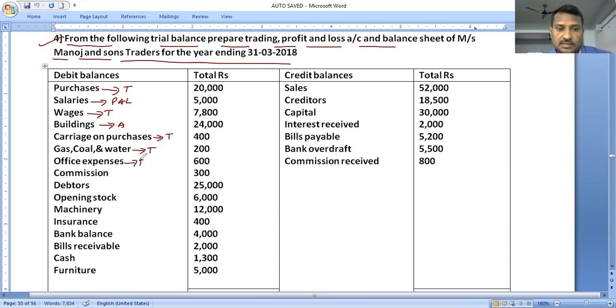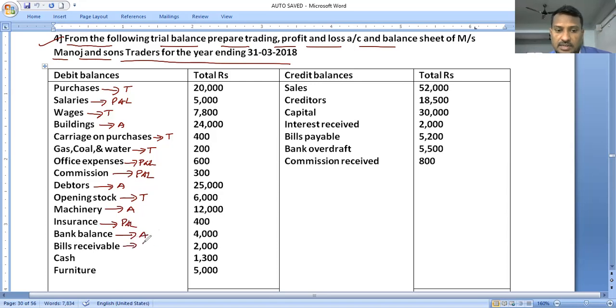Office expenses, profit and loss account. Commission, profit and loss account. Debtors is an asset. Opening stock, trading account. Machinery is an asset, part of the balance sheet. Insurance, profit and loss account. Bank balance, asset.